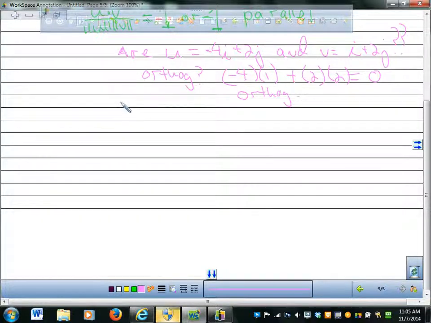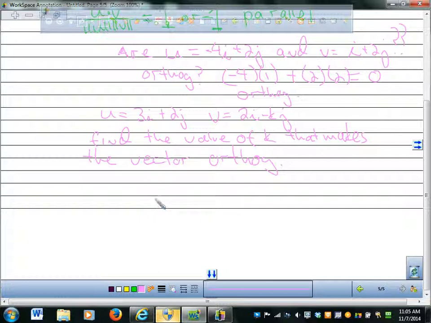This is just kind of an application, maybe not an application, but just kind of a problem where they like to confuse you. u equals 3i plus 2j, and v equals 2i minus kj, and they'll say find the value of k that makes the vectors orthogonal. Orthog, there he is again.